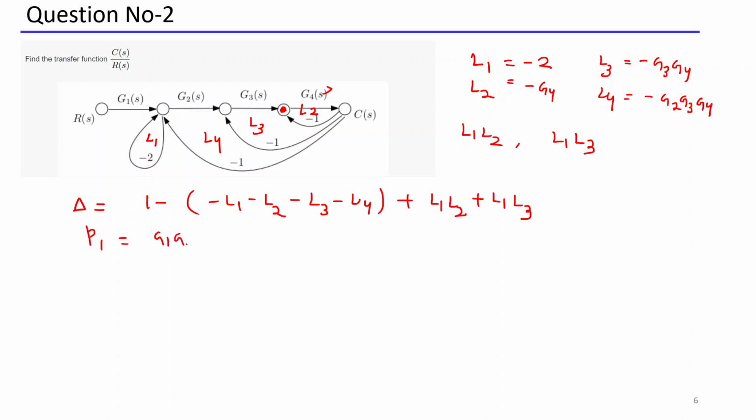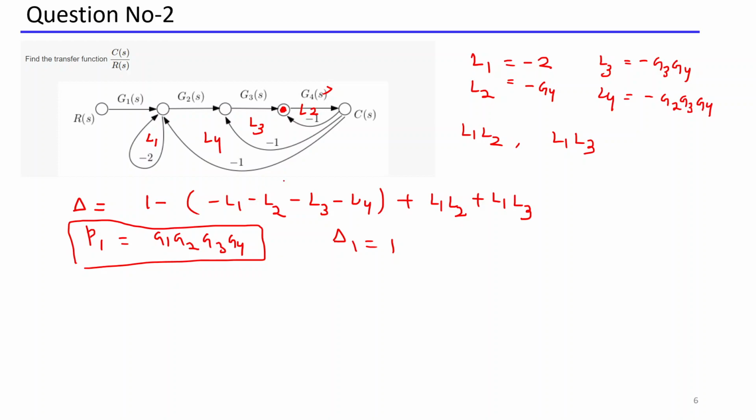So P1 is G1, G2, G3, G4. And you have to check which loop is non-touching to this forward path. All the loops are touching that forward path, so delta 1 is by default.